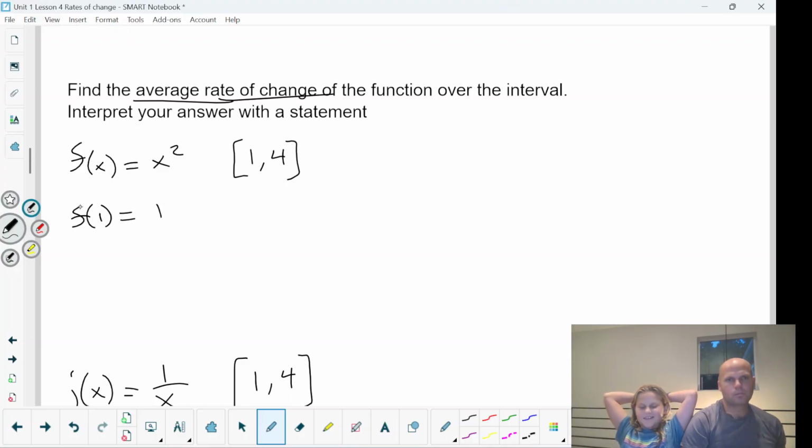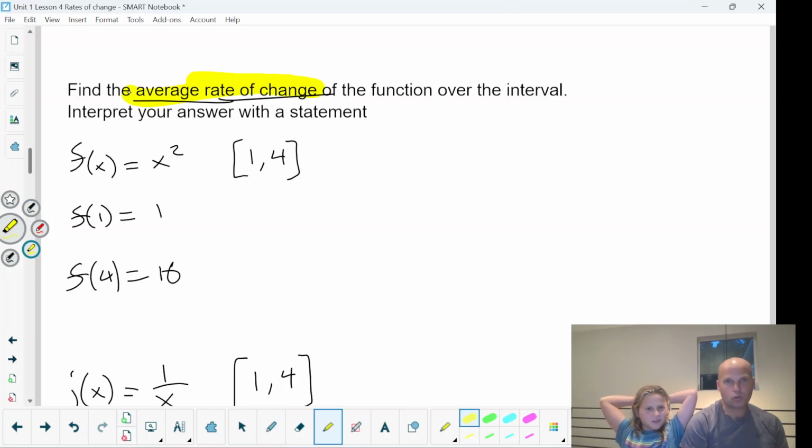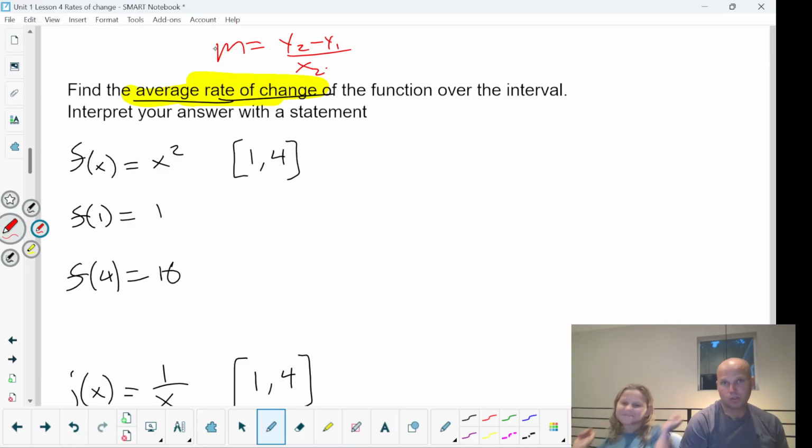Right. So if you're asked to find the average rate of change, and this is really the lesson, you should be thinking slope and slope formula. Let's find the increase of the y's over the increase of the x's. From 1 to 16, what kind of change? 15.